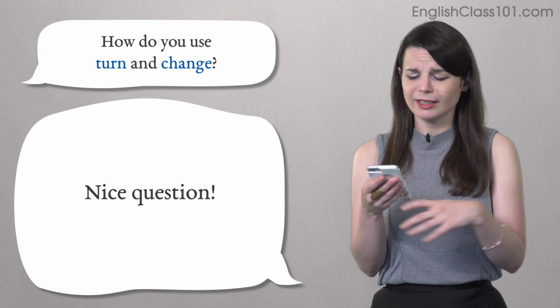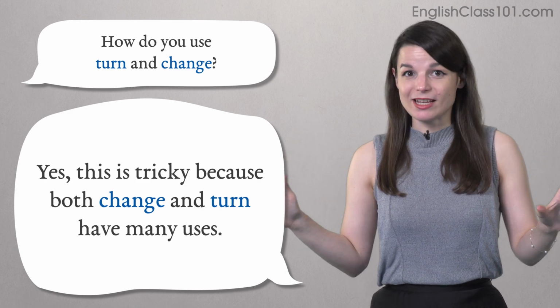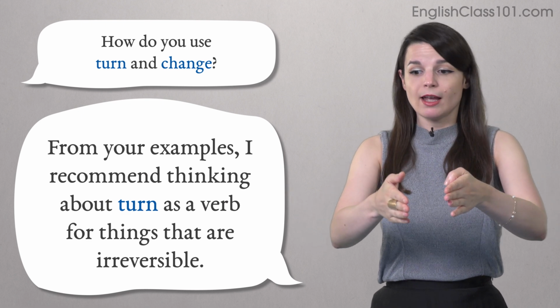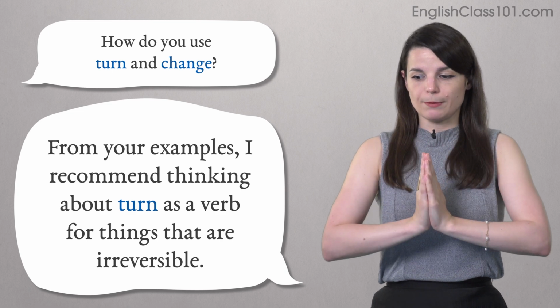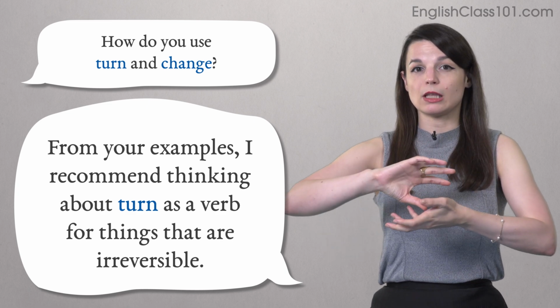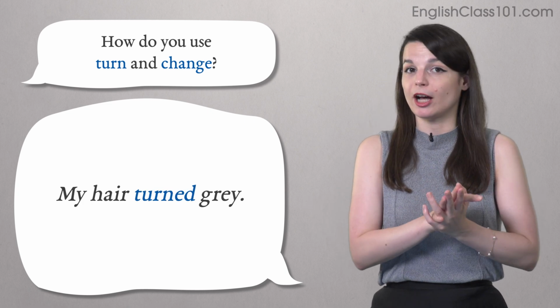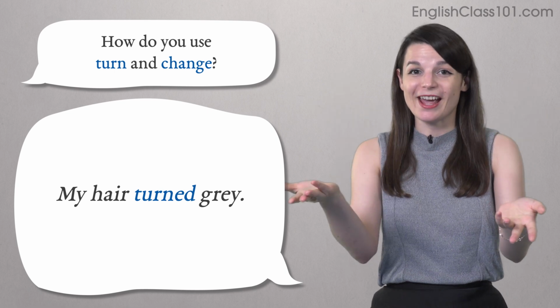Nice question. Yeah, this is a little bit tricky because both verbs have many uses, but to focus in on this specific difference, I would recommend maybe thinking about the verb turn as being used for things that we cannot reverse. So in your example about hair color, it's natural for us to say, my hair turned gray.